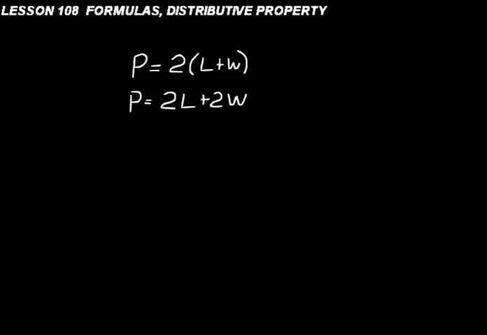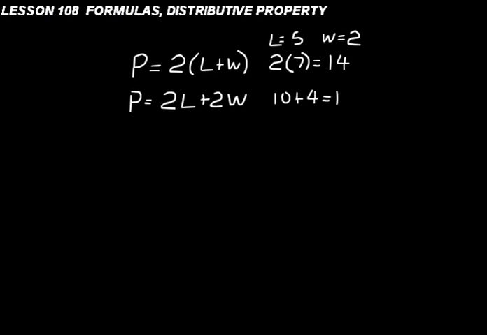Now let's say that L equaled 5 and W equaled 2. I mean, you would think that both of those perimeter formulas would give you the same answer. Let's just see. The first one, we'd have 2 times 5 plus 2, or 2 times 7, equals 14. And the second one, we'd have 2 times 5 is 10, plus 2 times 2 is 4.